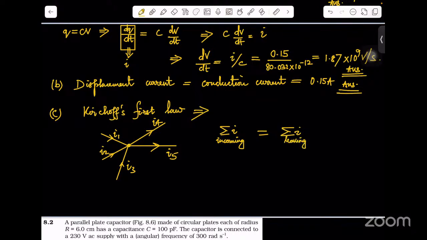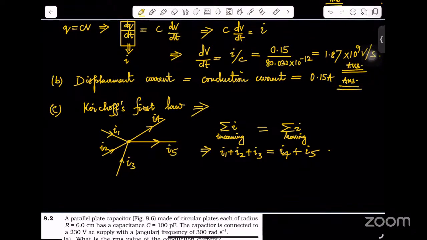In other words, in this figure, we have I1 plus I2 plus I3, which are the currents coming into the junction, and they should be equal to the currents that are leaving the junction, which is I4 plus I5. So I hope you understood Kirchhoff's first law.